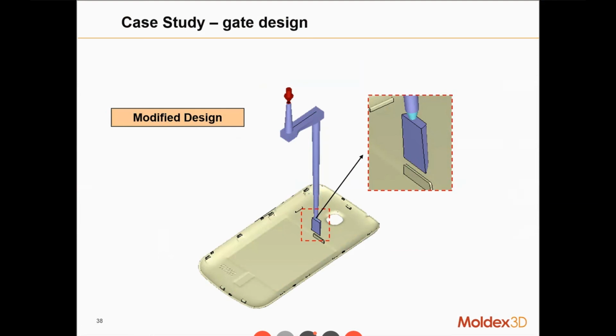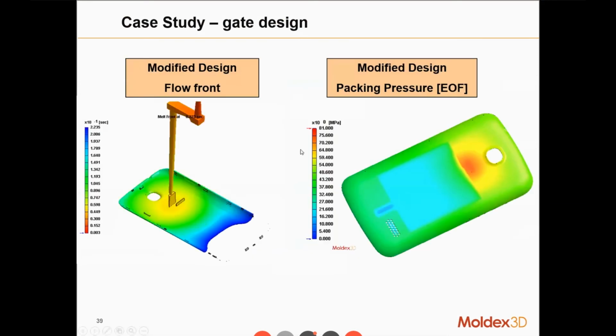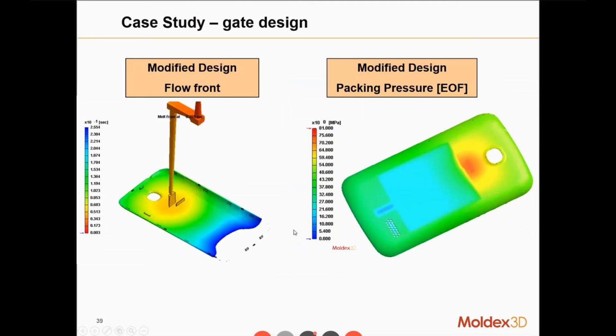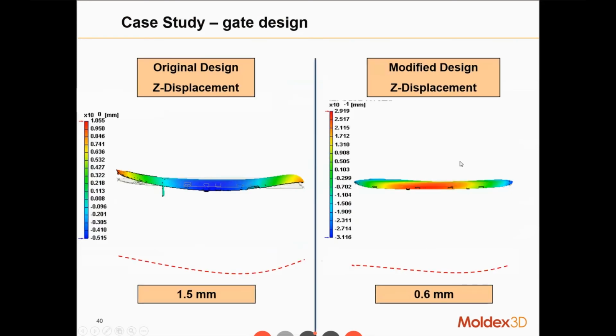In order to improve the warpage, they choose to change the gate design into a single gate, and the gate location is also changed to near the thin region. By this design, we can see the melt front here and the packing pressures. Compared to the original design, in this thin region, it truly has more packing pressures.